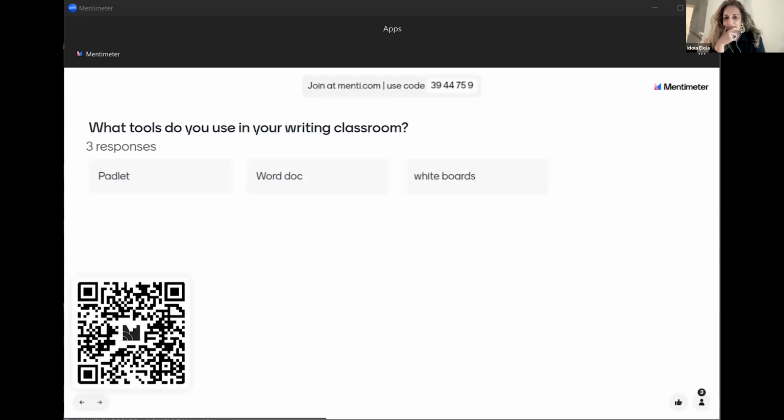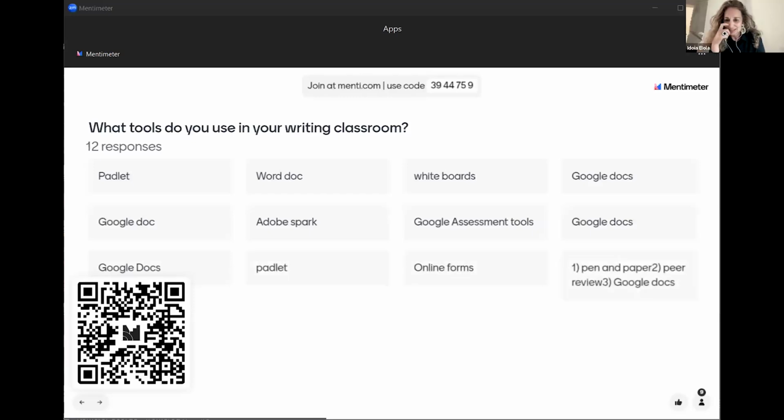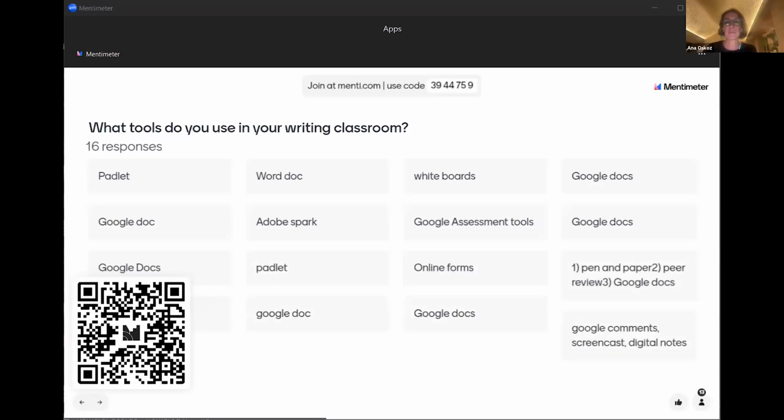Padlet, Word doc, whiteboard, Adobe Spark. Google Docs. Wow. Mhm. Online forms. Pen and paper. We continue with that. We have a great pool of audience here. Yes. Harmonize, Blackboard, Word doc, paper. Paper, important, because not everybody has access to technology, obviously. Screencast, digital notes.